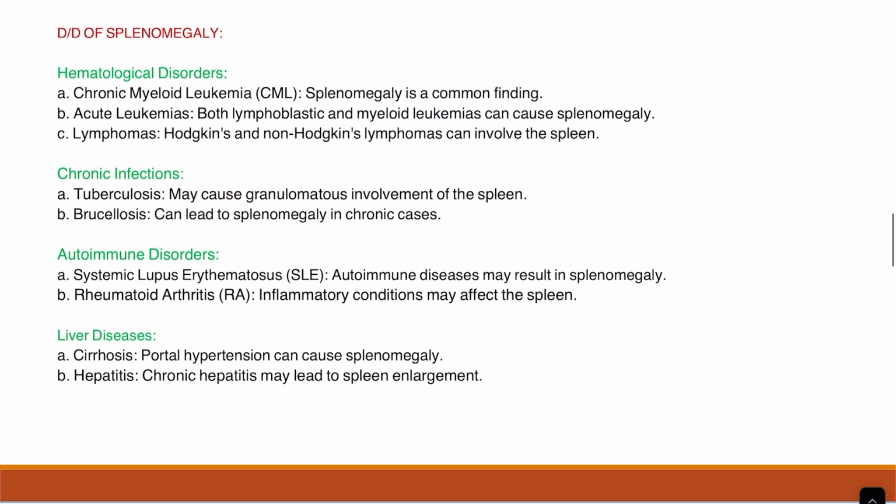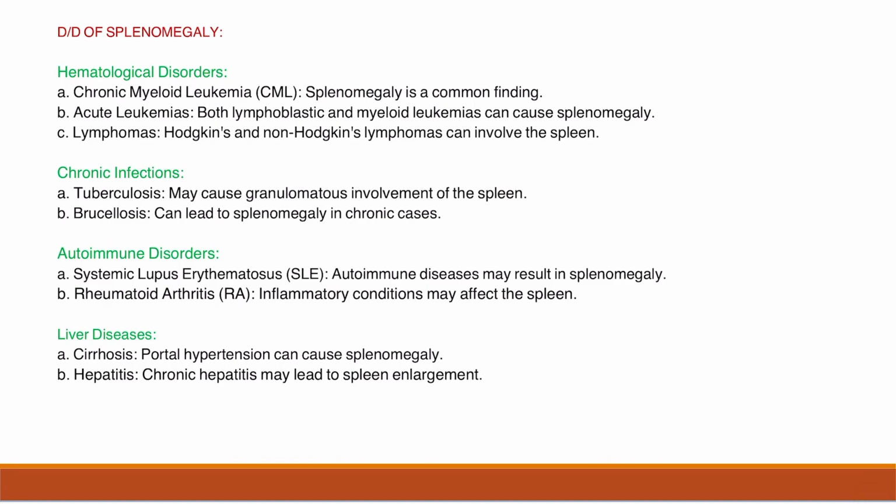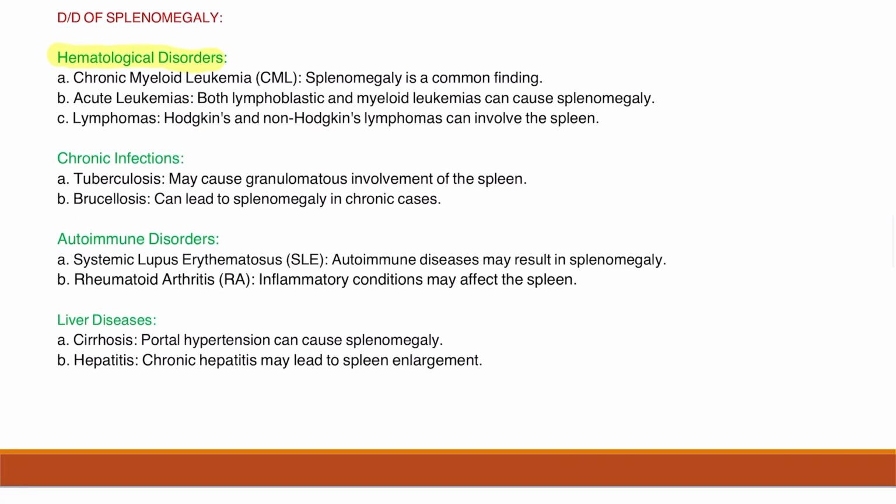Briefly about the differential diagnosis of splenomegaly, it is better to always divide the causes into different groups, which is easy to remember. First, hematological disorders which can cause splenomegaly, like CML, acute leukemias, both lymphoblastic and myeloid, and lymphomas like Hodgkin's and non-Hodgkin lymphoma, which can involve the spleen.